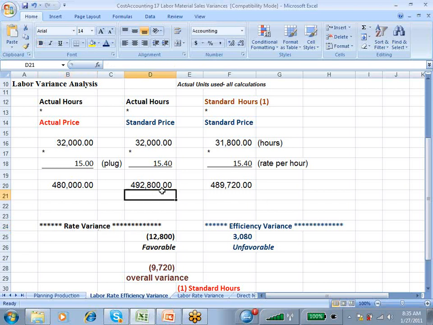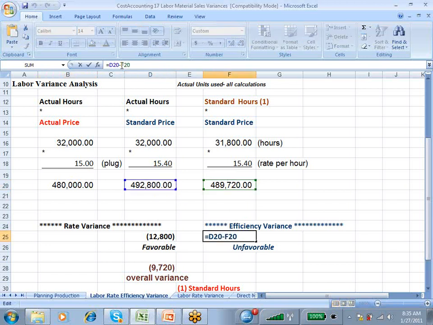The other variance comparison here is efficiency. And we'll see that if I click on the cell, the 492,800 in blue less the green 489,720 gives us a positive number.